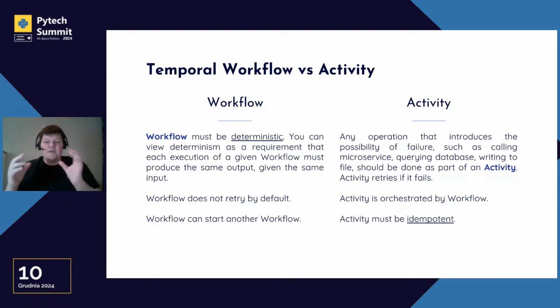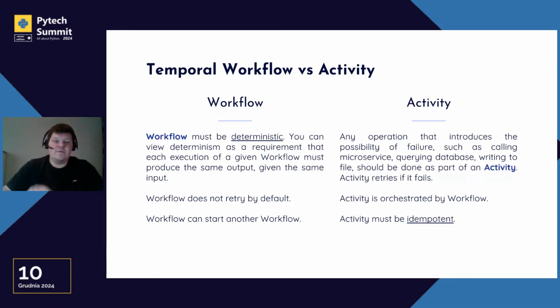So we need to wrap everything non-deterministic into an activity. An activity retries if it fails, because we have this possibility of failure when we talk to an API, to a database, or we write a file. An activity is orchestrated by a workflow.